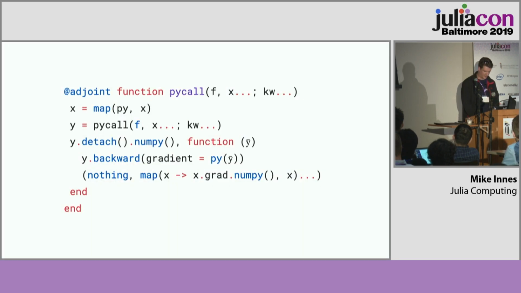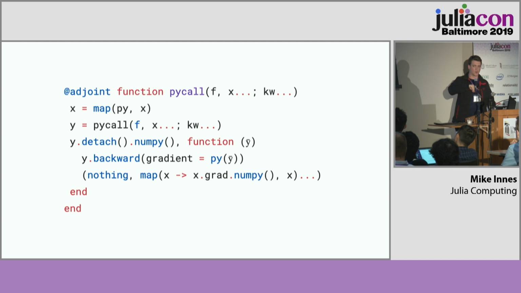I have a question. Mm-hmm. So the gradient of a pycall or a ccall, could you explain this witchcraft? So it's pretty simple, right? Let me try and revive my laptop. So we take the adjoint of pycall. We're just taking all the arguments, and there's actually a slight hack here, which is that instead of converting the arguments to NumPy arrays when we pycall, we actually convert them to PyTorch arrays instead.